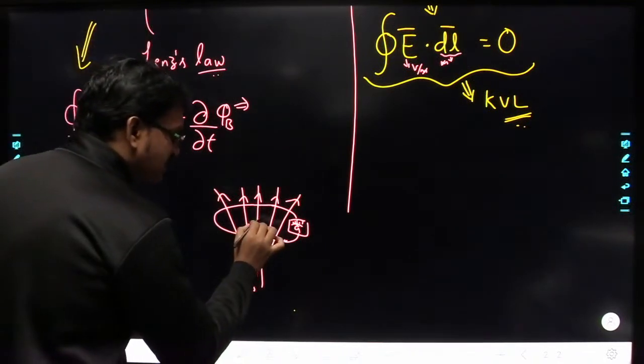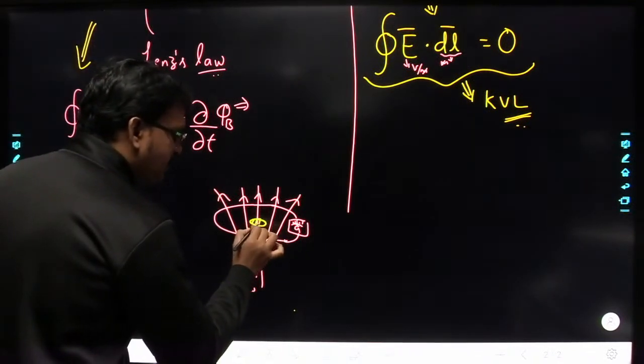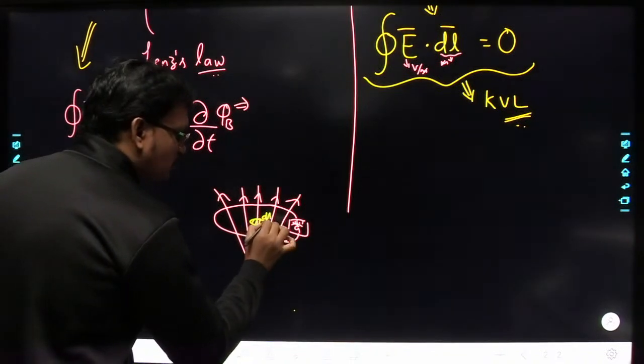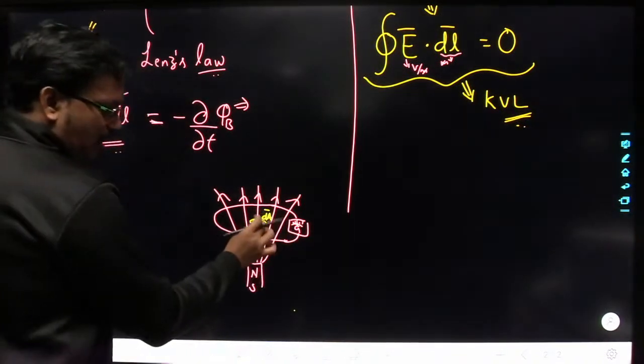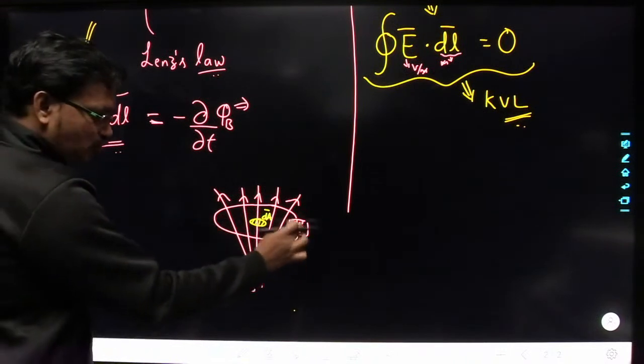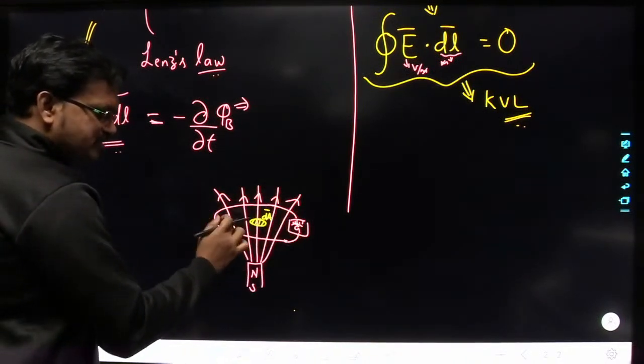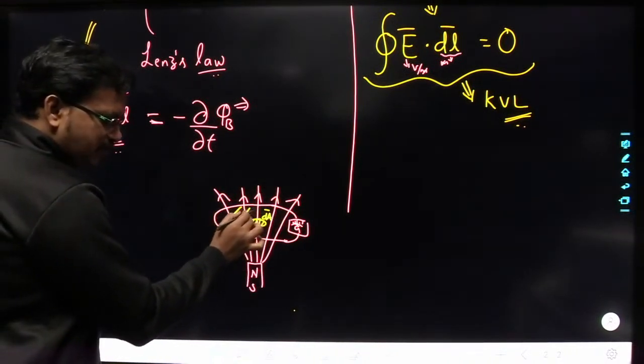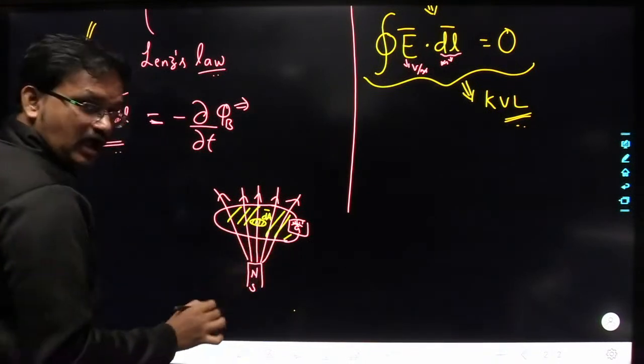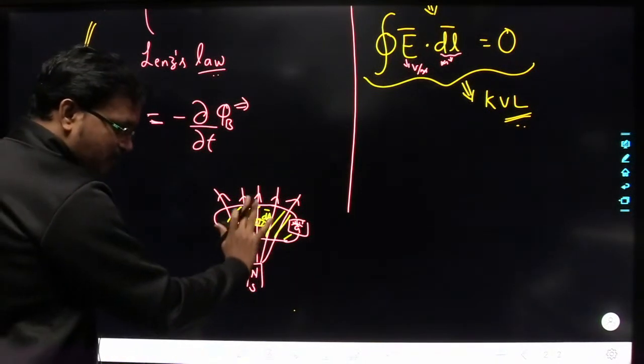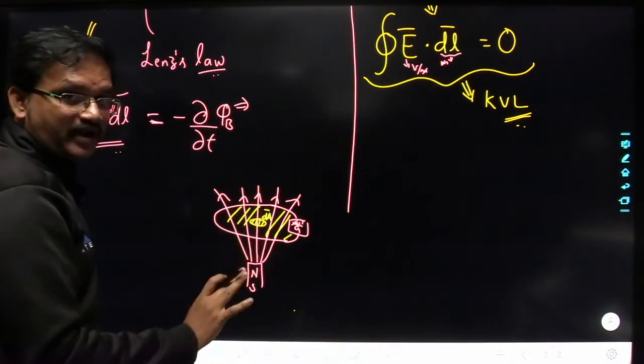Now if I consider a small differential area dA bar on this surface, the loop encloses this surface, and the number of field lines penetrating through this surface is called magnetic flux.